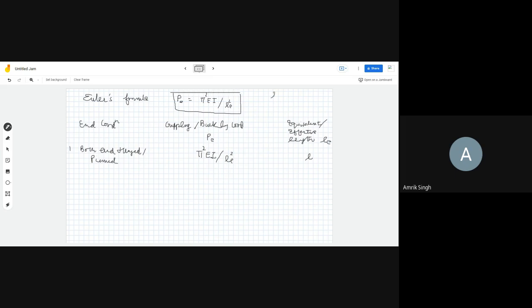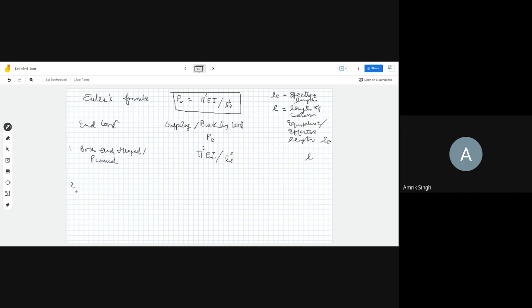Here you can write LE, effective length, and L is the length of the column. So this is the first condition.